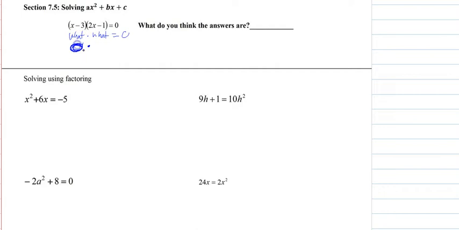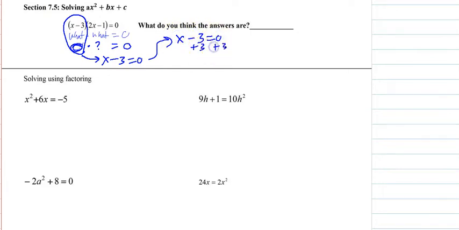Well, the only way to get zero is if you are multiplying by zero. You must multiply by zero to whatever you have here, and that will give you zero, which means this what has to equal 0. So if we solve that, just a normal linear equation, you get 3.